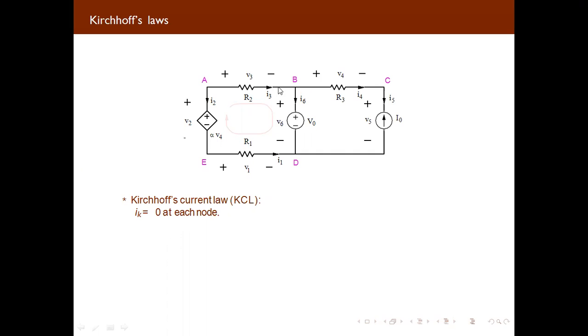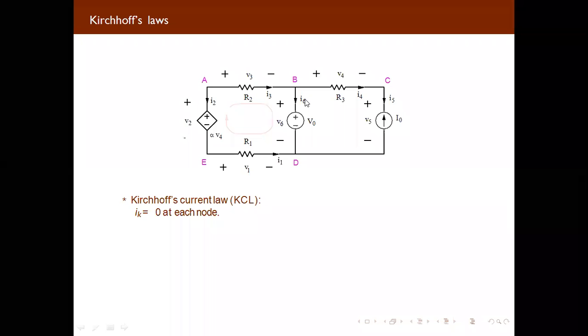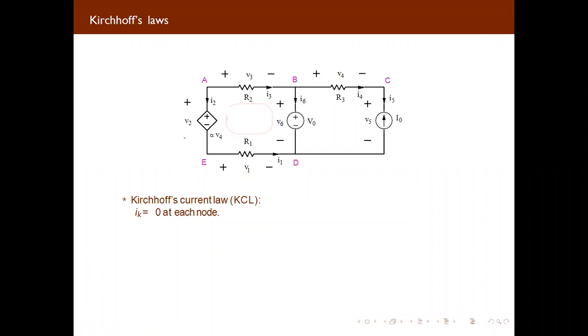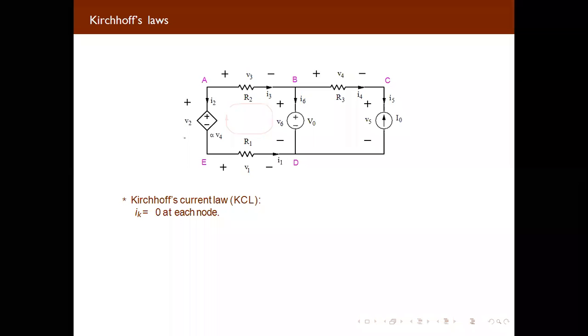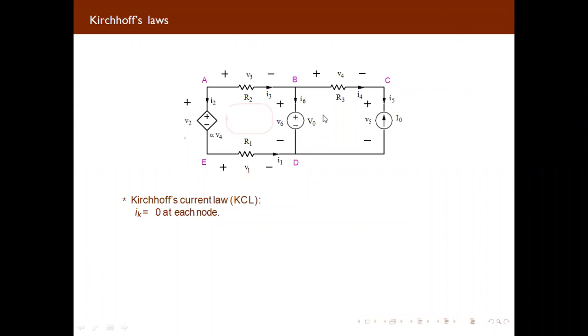As it is incoming, if you are taking it positive, then I4 and I6 we will take as negative, so what will our equation become? I3 minus I4 minus I6 equal to 0. Both have the same meaning in math terms. You can say I3 equal to I4 plus I6, or you can say I3 minus I4 minus I6 will be equal to 0.